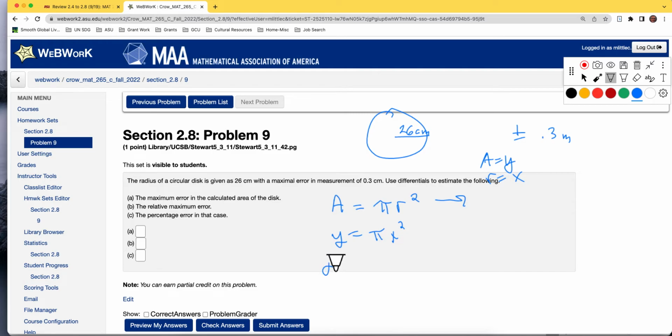So then the differential is going to be dy equals 2 pi, when I take the derivative, right, 2 pi x dx. I've remembered it this time. Or you could do dr if you wanted to, and dA. So that's the differential.